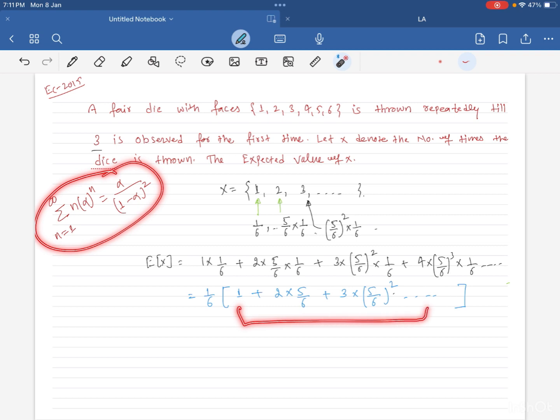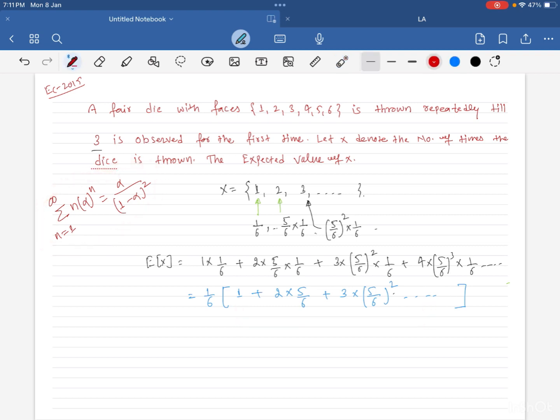If we expand this, so 1 times alpha, but here you see that alpha is not there, and this alpha is a quantity that is less than or equal to 1.